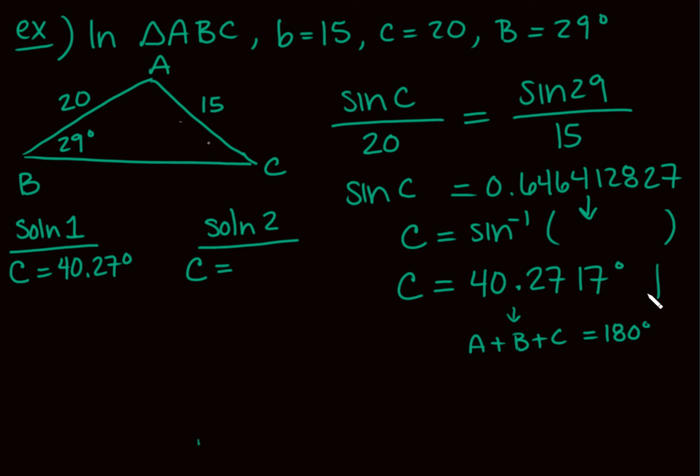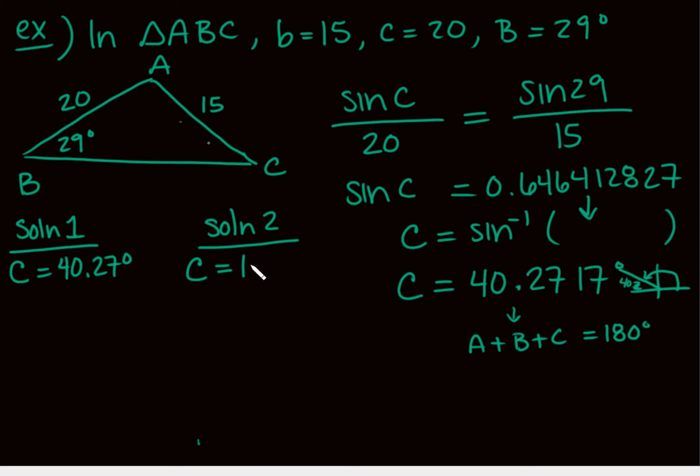My other possibility for C is the angle in quadrant 2, whose reference angle is 40.2717. So I'm going to take 180 minus 40.2717. And I get the other possibility for C is 139.73.